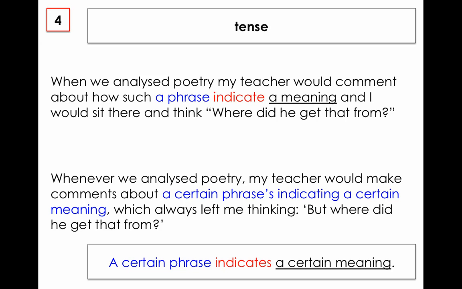Okay, if you look at the top sentence, it says a phrase indicate a meaning. Look at the word indicate here. In the sentence at the bottom of the screen, I've got a certain phrase indicates a certain meaning, and you see I've changed indicate to indicates. I'm sure this is just a typing mistake in the original text, but here we've got a problem with, we could say, tense, because we're thinking about this in what sort of tense though?